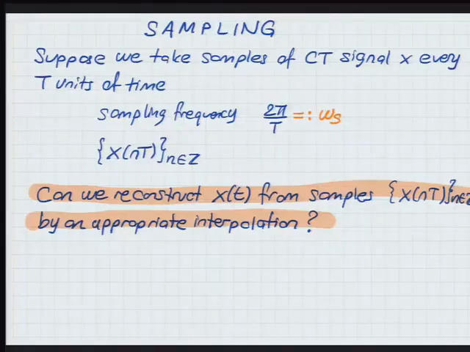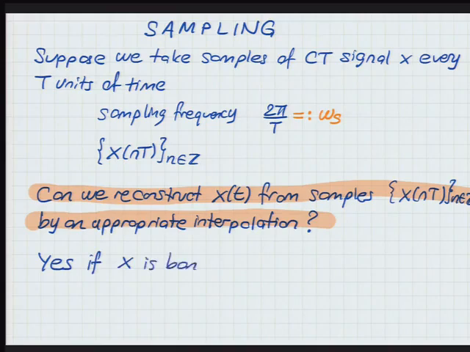Anyway, back to our discussion. Shannon and Nyquist answered this question, and the answer is yes, under appropriate conditions. The conditions they give are twofold. If x, the signal that we took samples from in the first place, is band limited, meaning that if you take its Fourier transform, you're going to see 0 after a certain frequency.